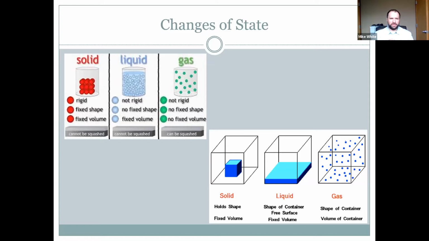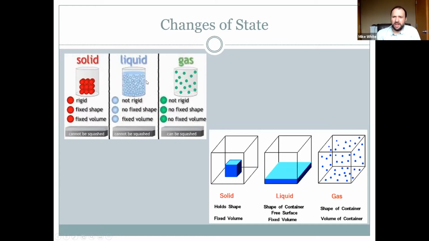When we think about water, water in its solid state is ice, right? So frozen water is solid, it's suspended, the particles aren't moving around. If you look at the picture, and this is one area where water is actually a bad example, because solid water is less dense than liquid water, but that's not normally the case.